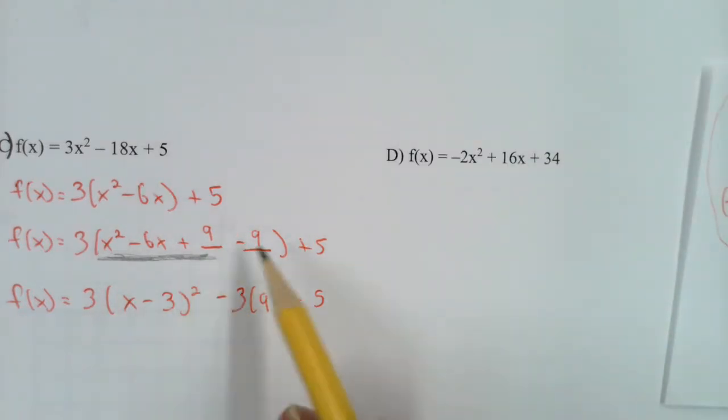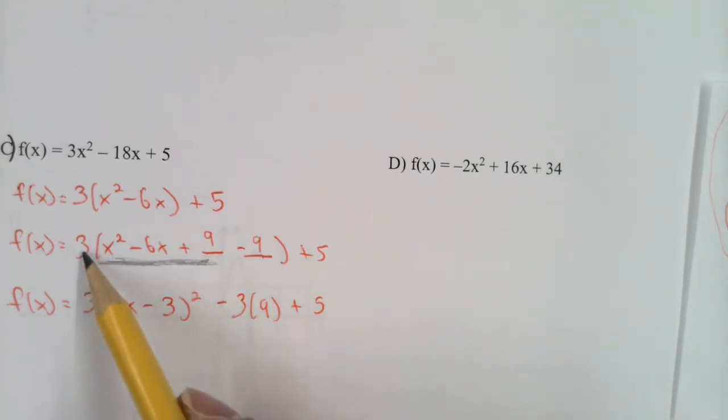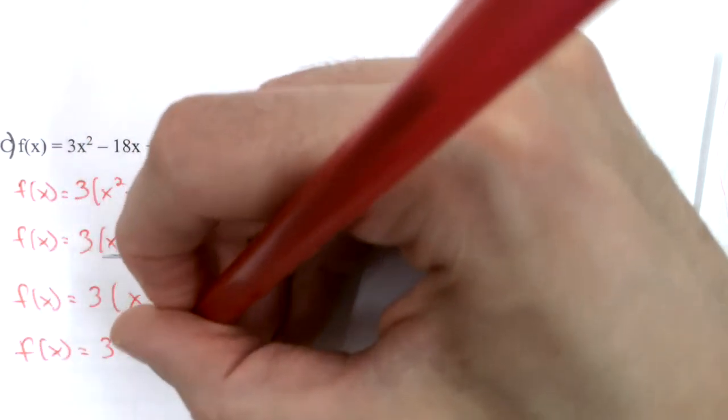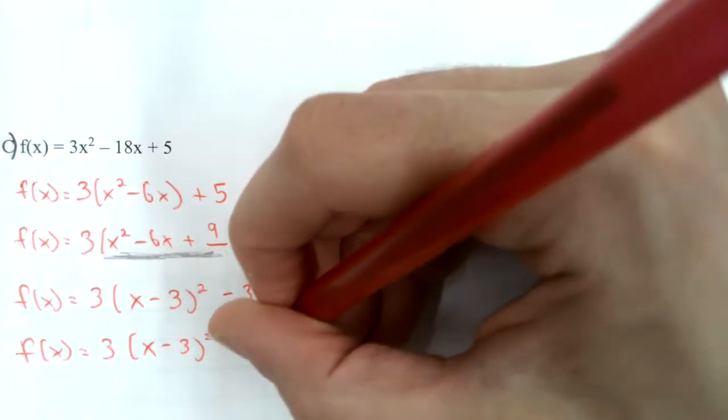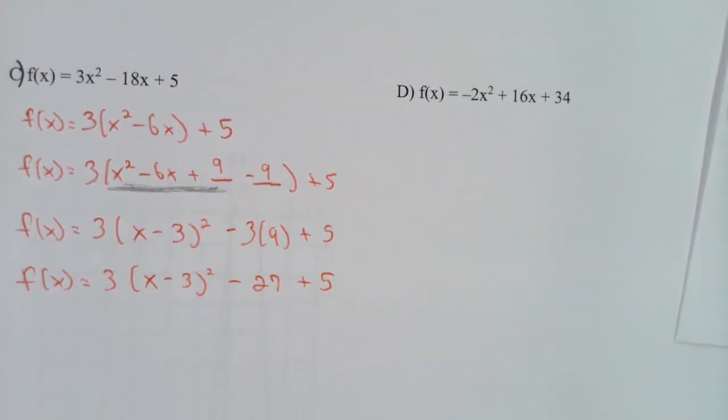So what's left over is this minus 9 and the plus 5. But that minus 9 is being multiplied by that 3. So that's why I have to do minus 3 times 9. So minus 27 in the next step. Minus 27 plus 5. So minus 22.